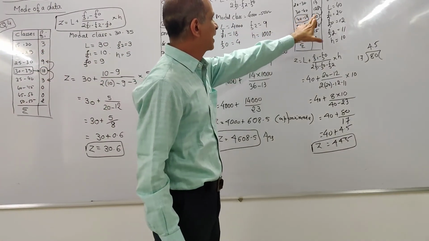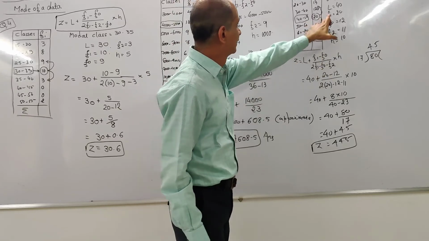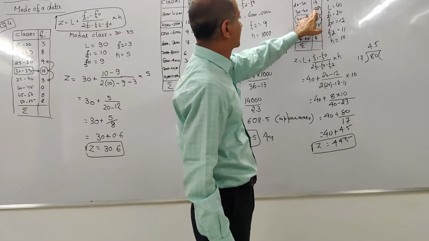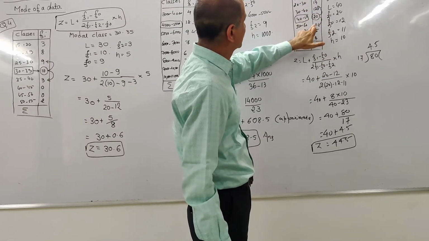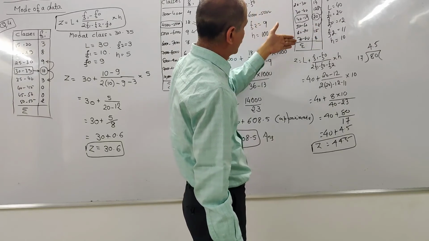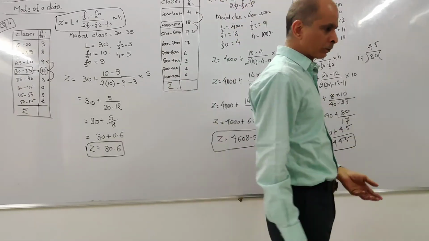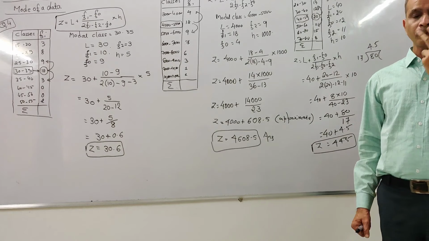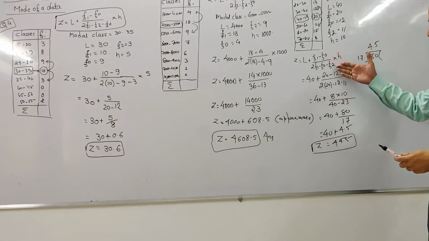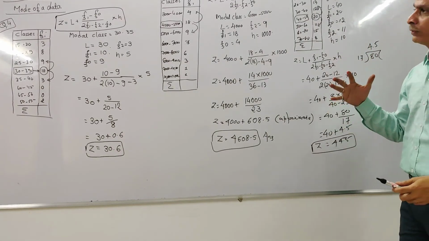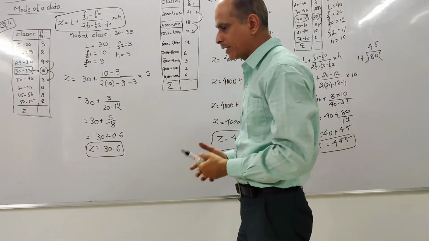The frequency against the modal class is known as F1, the previous class frequency is F0, and the next class frequency is F2. You know how to find the class length. Find these, put the values, multiply and divide, and you will get the mode of the data.